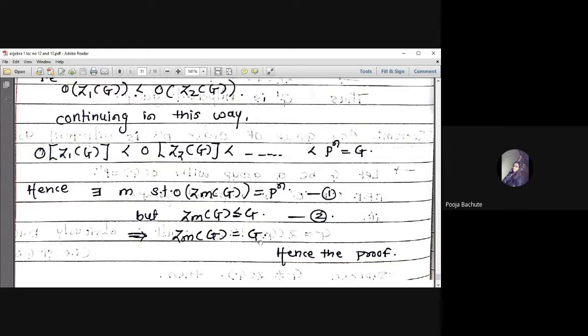Any doubt up to here? Hence, G is nilpotent.